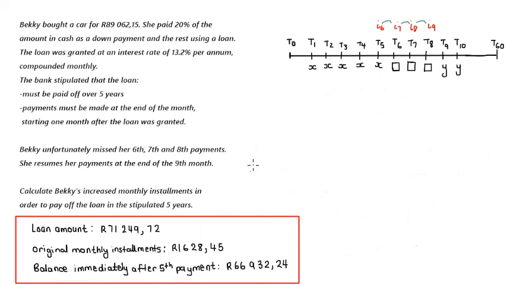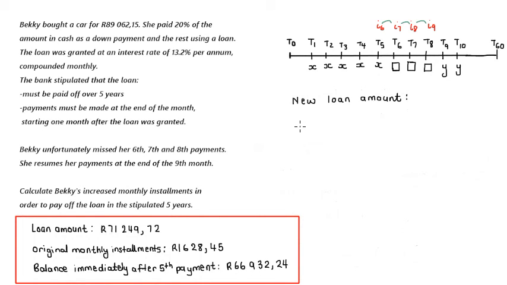So now instead of paying off this remaining amount in the 55 coming months, she misses 3 months. Because of those missed 3 months, we now need to calculate her new loan amount. It's now a new loan amount due to the fact that she's going to be charged interest on this balance.